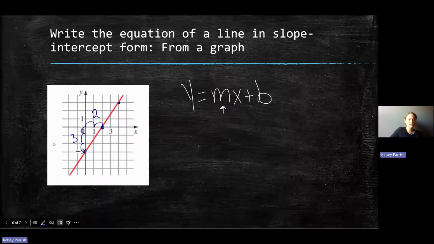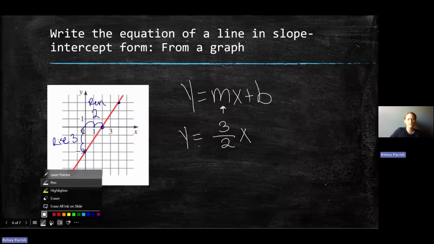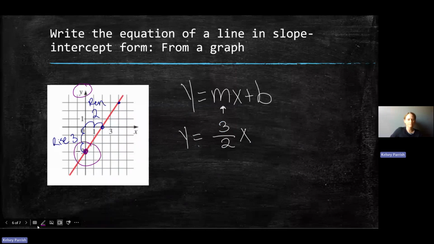So slope is rise over run. So slope is 3 over 2. Now we just need to find b, and b is the y-intercept, which is -3.